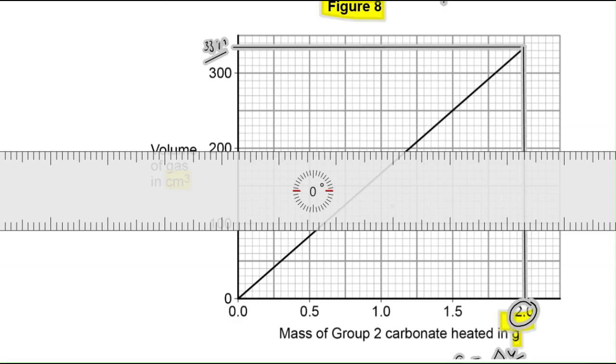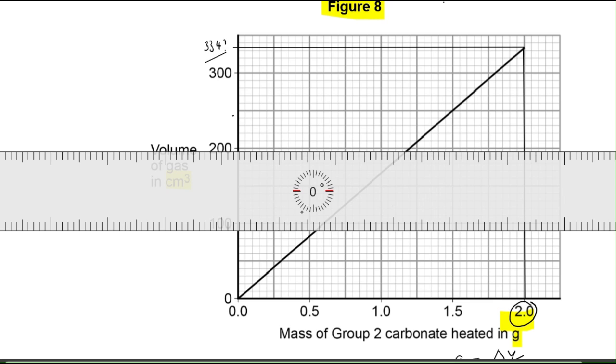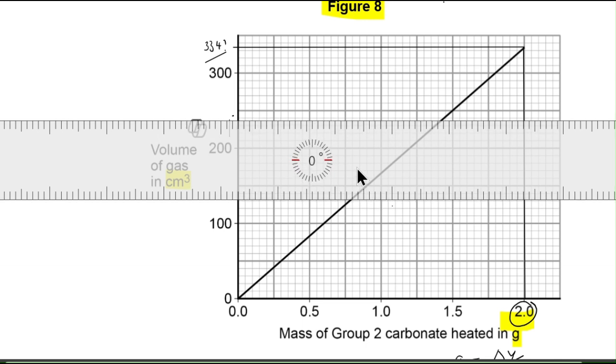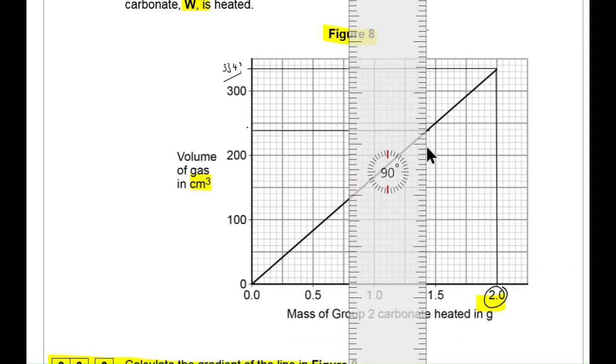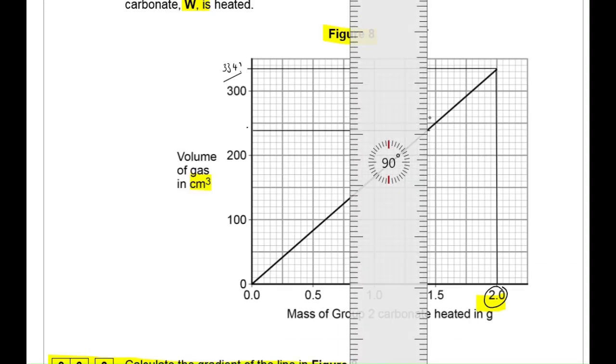Now, if you look, 24 decimetres cubed is 24,000 centimetres cubed. So if I take 240, that would be a fraction of 24,000, wouldn't it? So I'm going to draw a construction line across at 240 centimetres cubed and drop it down to the x-axis.